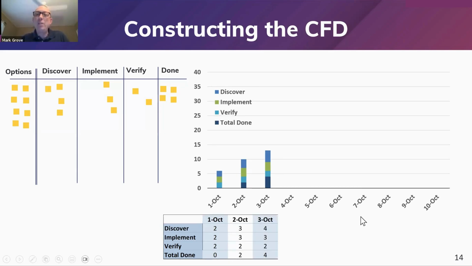And we take a look at October 3rd, same thing. Now we notice 2 more items are done. And there's one thing I want to point out specifically about this, because people sometimes get a little tripped up here. This bottom band down here, this total done, is always done, and it's a cumulative count of done. All right. It's not how many finished since yesterday.